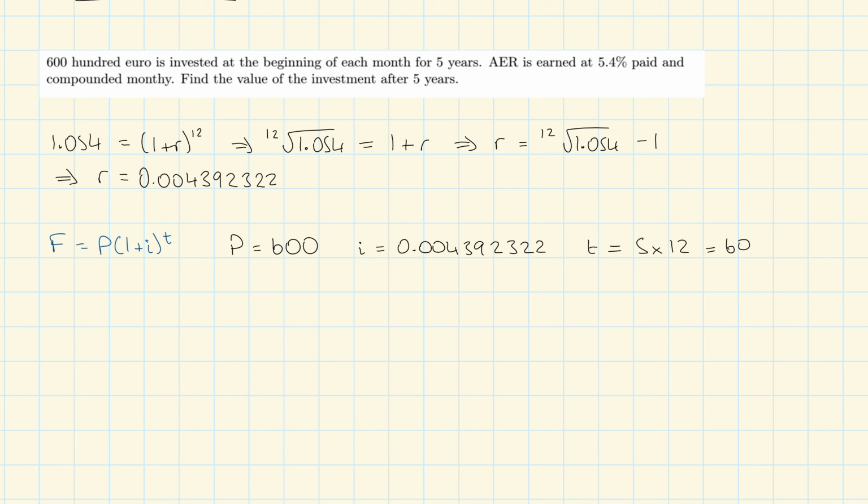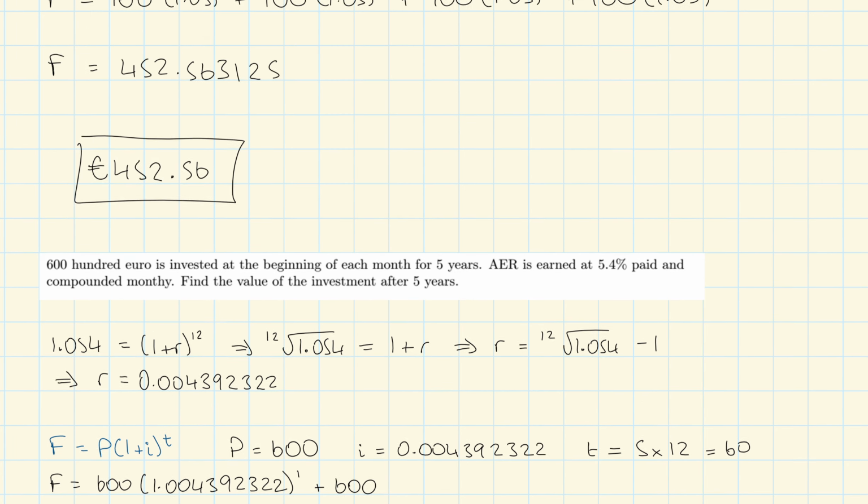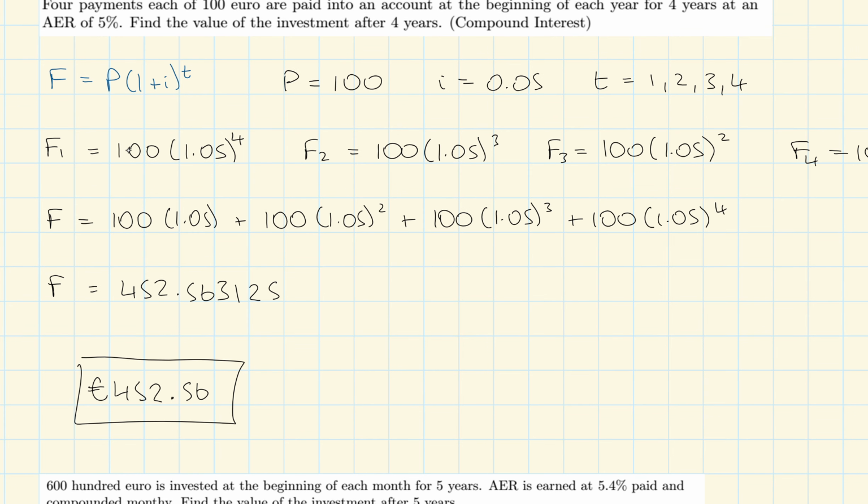Okay, so now we set up our series. We have F is equal to 600 times 1.00439232 to the power of 1. That'll be your final investment. I'm essentially skipping the step where I wrote it investment by investment, because in this new question that wouldn't be effective in terms of time, as we have 60 investments.